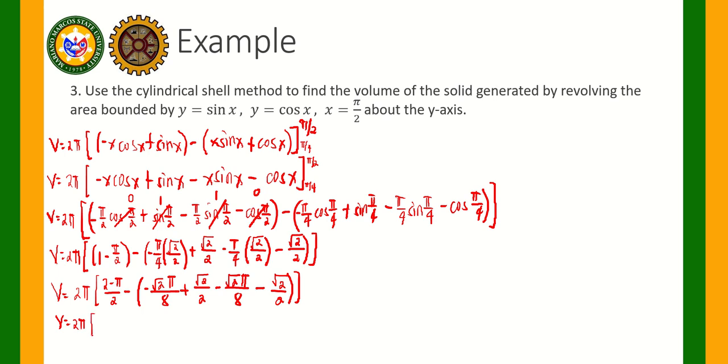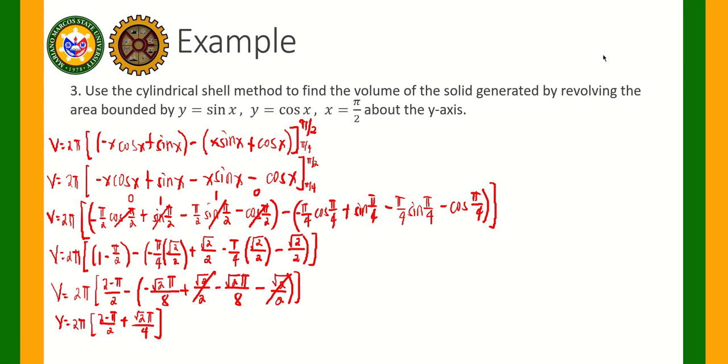Our V will be equal to 2 minus pi over 2 plus, pagsamahin na natin to since parehas lang naman sila. Negative plus negative is negative, and then times negative is positive. So positive 2 over 8, that is 1 over 4. So, square root of 2 pi over 4. And then, we can cancel this one, so we will be left with that.